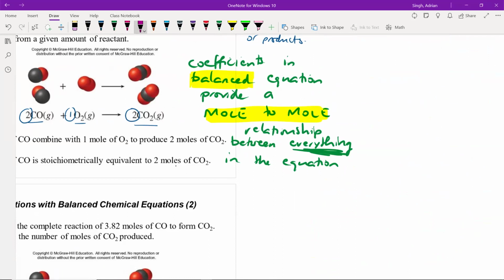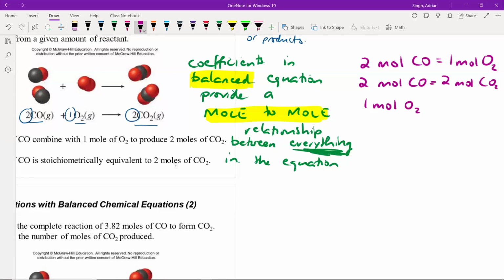I can say, for example, that 2 moles of CO react with 1 mole of O2. I can say that 2 moles of CO react to produce 2 moles of CO2. And I can also say that 1 mole of O2 produces 2 moles of CO2.